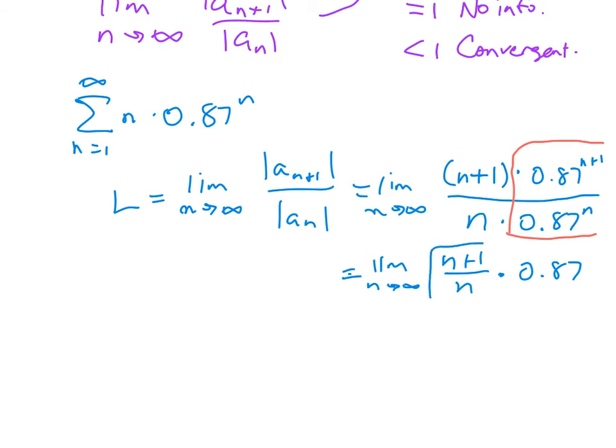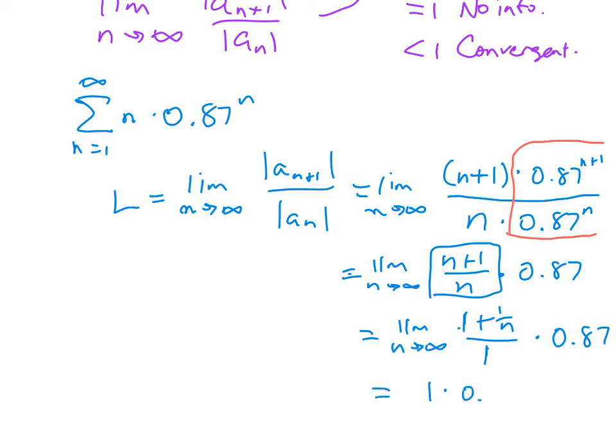And this ratio, as n goes to infinity, goes to 1. Some of you have left really good justifications for things like this on your homework and on your exams. This would be the same as the limit of 1 plus 1 over n over 1, because you can divide the numerator and denominator by n. Anyway, I've still got that 0.87 there, and as n goes to infinity, that first part is just 1. So this limit is just 0.87, and that is less than 1.